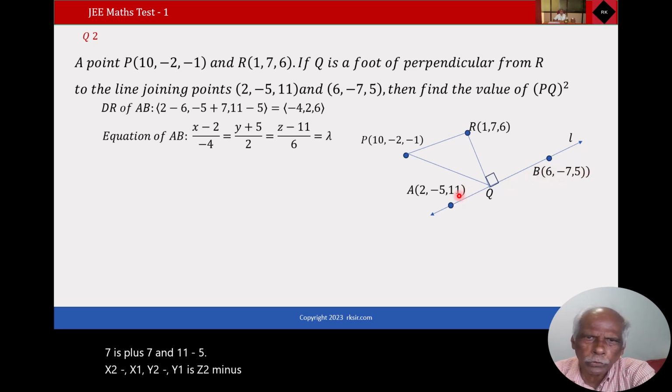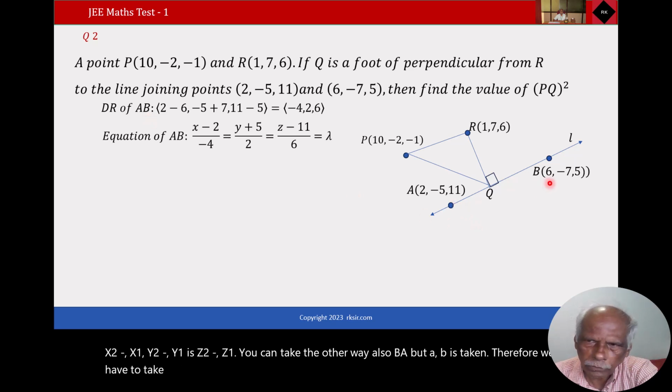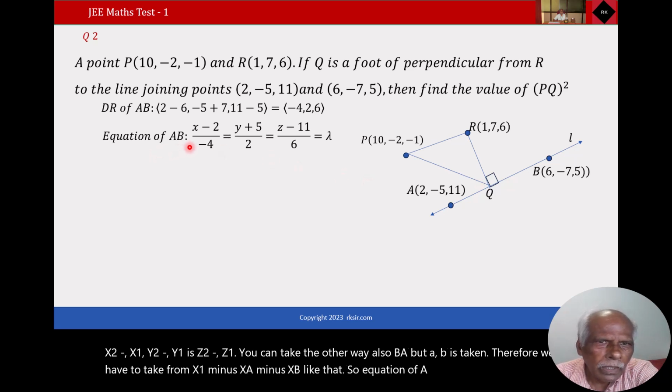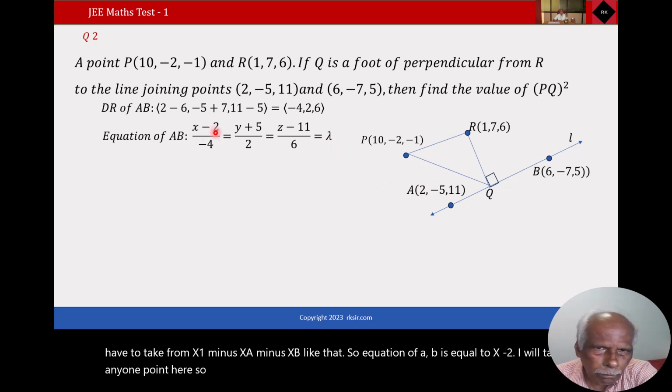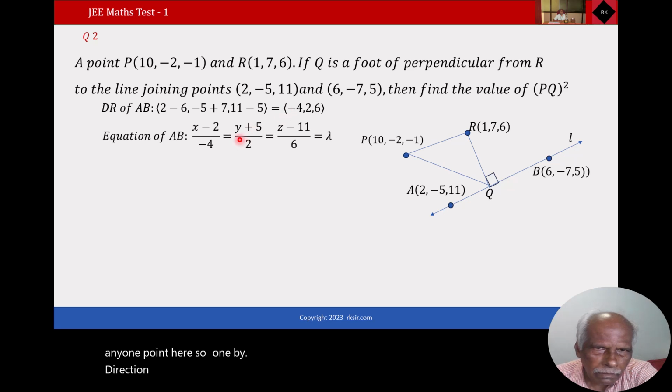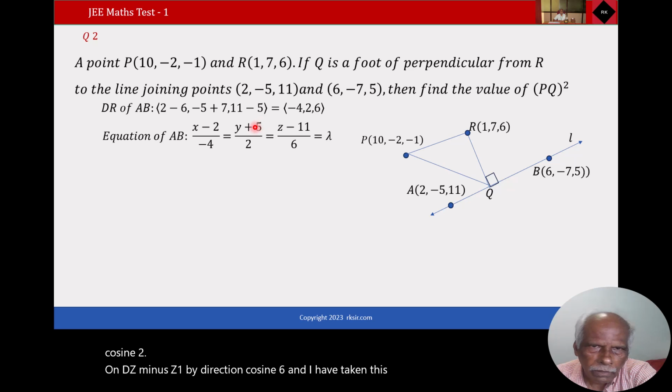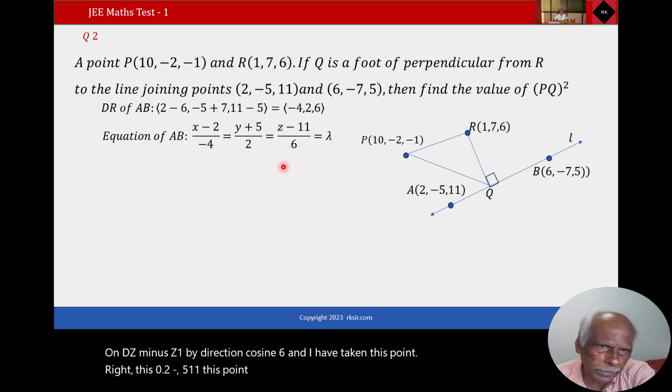You can take the other way also, BA, but since AB is taken, we take it consistently. So the equation of AB is (x - 2)/(-4) = (y + 5)/2 = (z - 11)/6, where I have taken the point (2, -5, 11). Therefore this is the equation of AB.